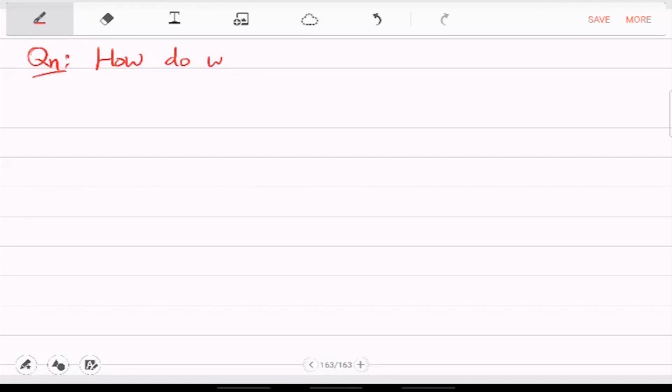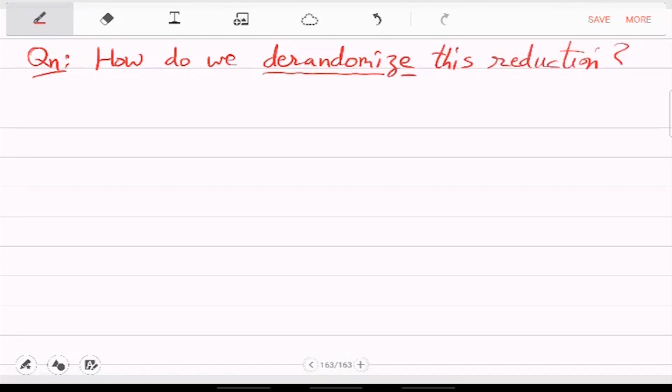So how do we de-randomize the reduction? The idea here is this parity operator is mod 2 arithmetic. So instead of mod 2, you make it mod 2 power arithmetic.